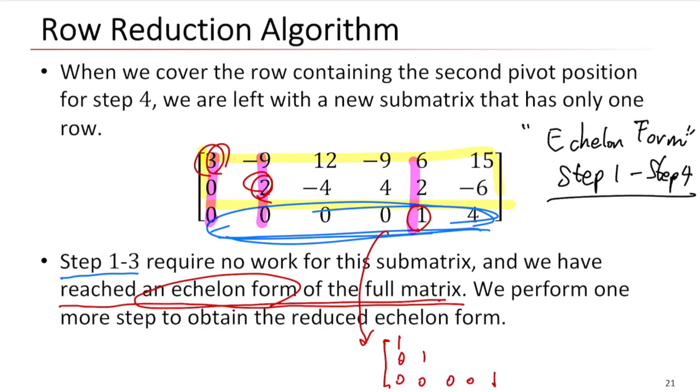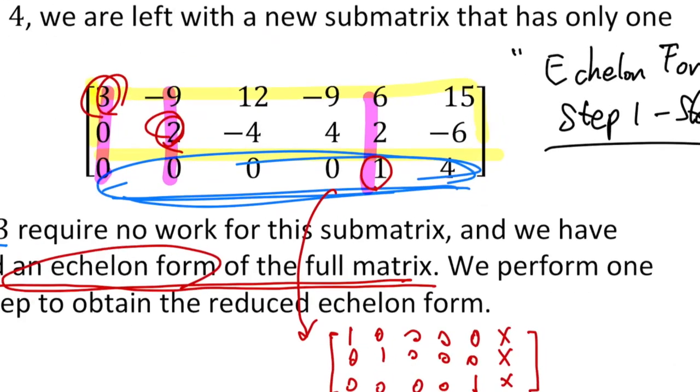And what was the other constraint? The entries above should also be 0, right? And the right hand side will be some kind of value. So that will be the reduced echelon form.